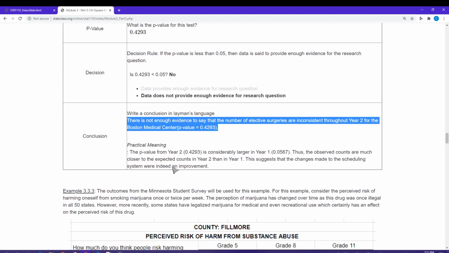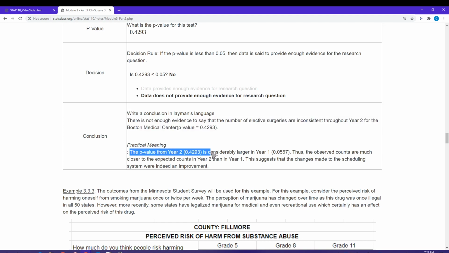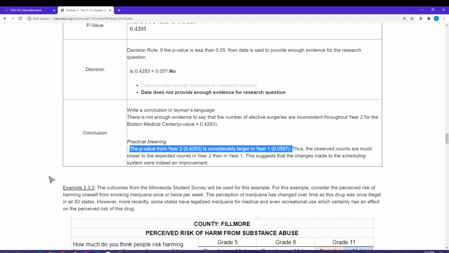Practically speaking, the p-value from year 2 is considerably larger than year 1. So there definitely was an improvement in the consistency of the surgeries between year 1 and year 2. So the money spent on this new program was worth it for that particular clinic.